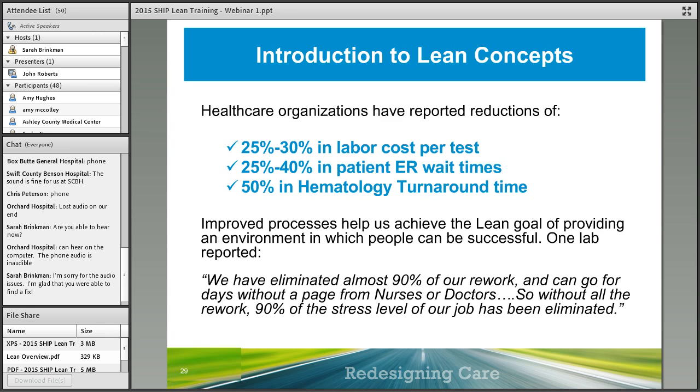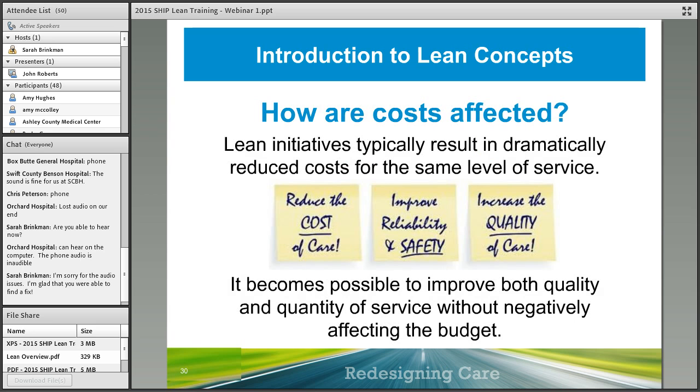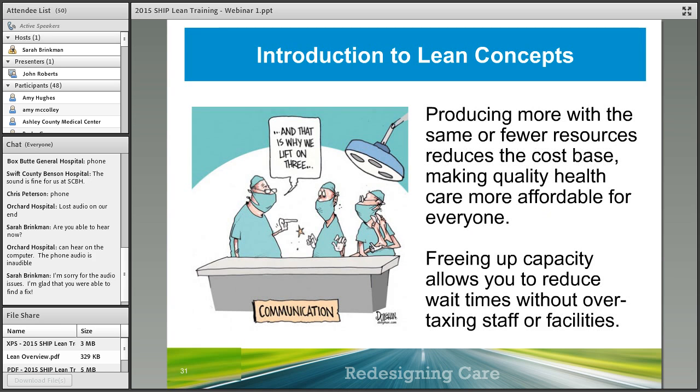Right now, we're looking at, out of those 12 or so hospitals that we've been working with, almost $750,000 in cost efficiency reductions in a lot of the work that we've done. So we know that lean does work. We know it works in a small rural hospital, and we know the results can be pretty significant. Again, our goal is to reduce the cost of care, to improve the reliability of our processes, improve safety, and increase the quality of care as we move forward.